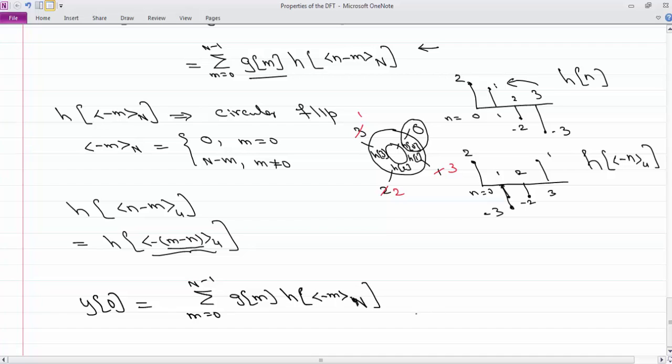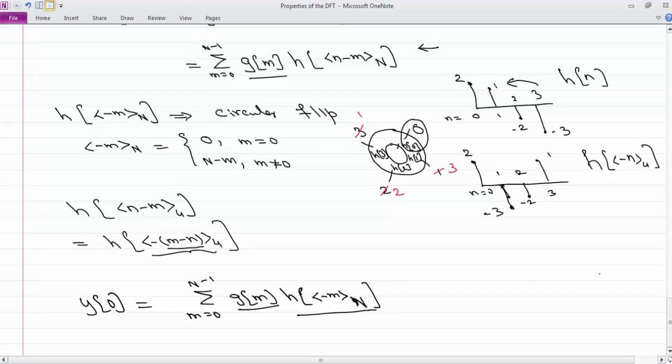Okay. So what this says is that this is a length-n sequence, because when you circularly flip a sequence, you still get back the same length sequence. And after that, you do pointwise multiplication of the two sequences, and then you add them all up.